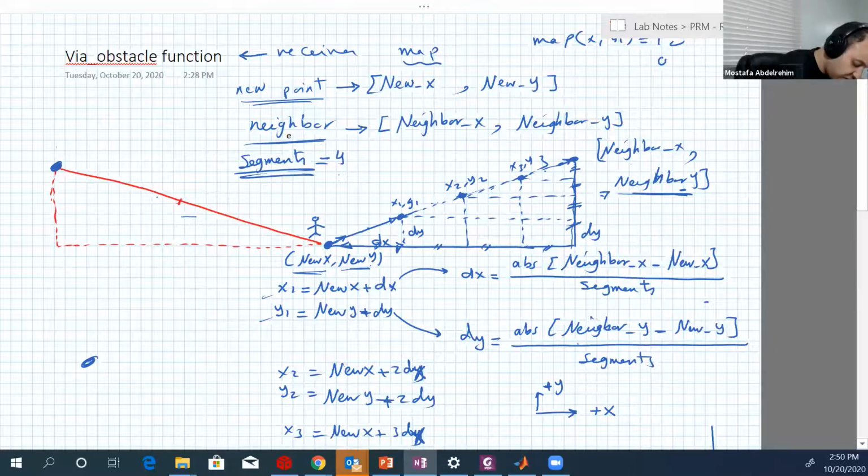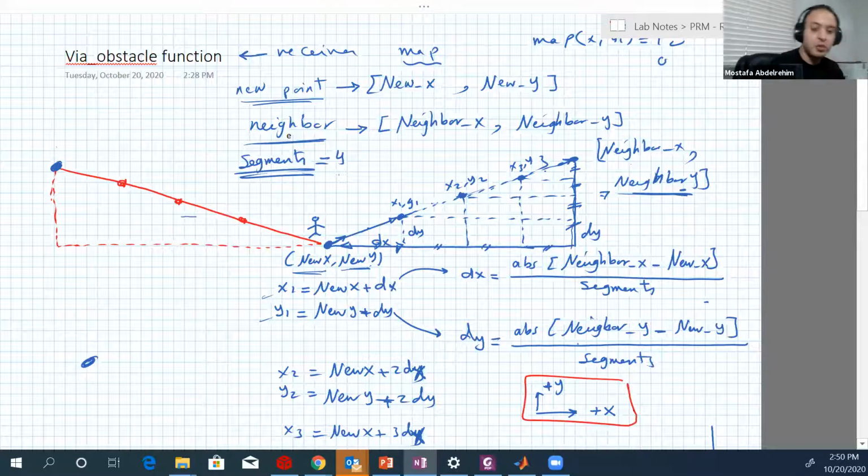And again, we're going to divide it into 4 sections or 4 segments with 3 points in between. And still, these are the positive directions of y and x. So let's say this is x1 dash and y1 dash.